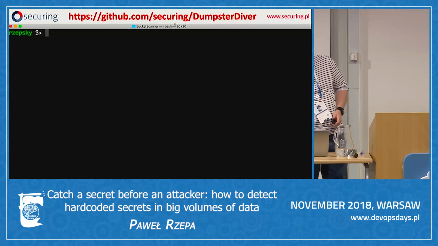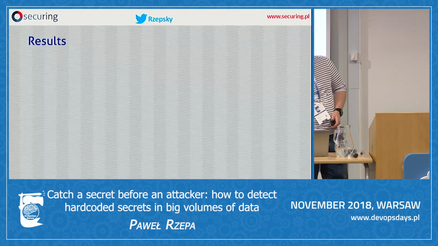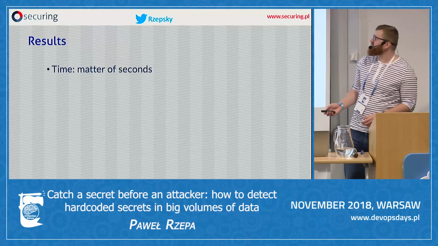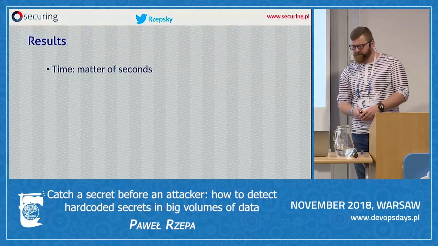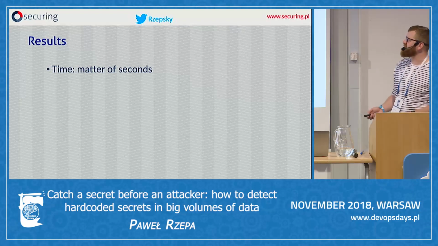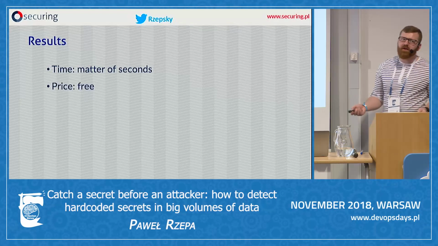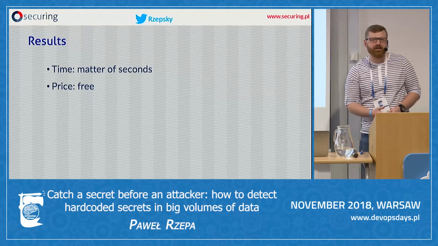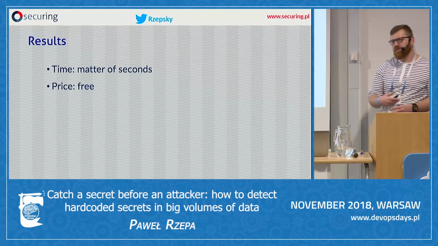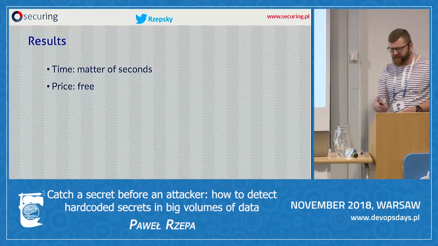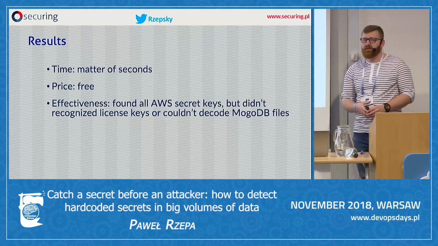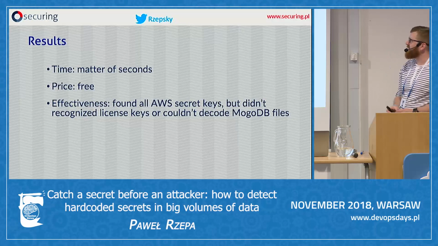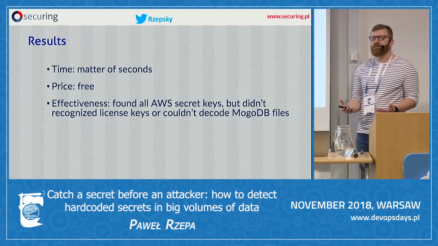So that's all for this short demo. Now, the results. It took just a few seconds to detect those secrets. It's free, it's on MIT license, so you can use it in whatever way you want. It found all AWS secret keys, but it's not a perfect tool.